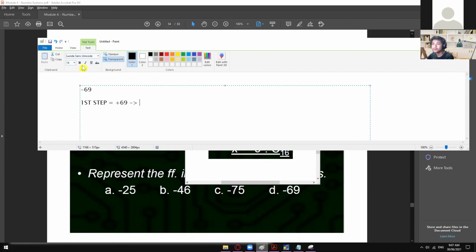So it's 0, 0, 0, 1, 0, and then we need 5, so it's 0, 1, 0, 1. Please double check. So this is 0, 1, 2, 4, 8, and then 16, and then 32. My bad, this one should be the one that is 1, because it's still 32 and this one is already 64. So 64 plus 5 is 69.